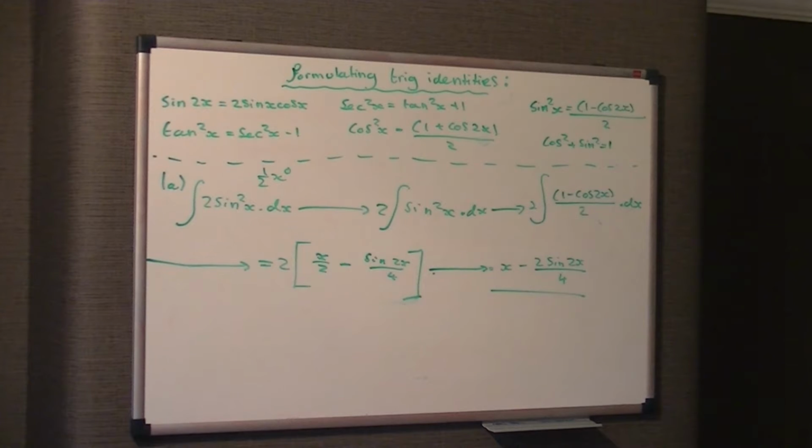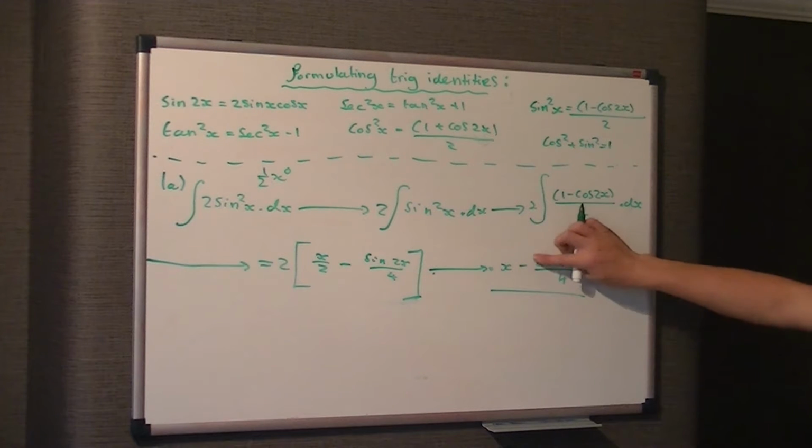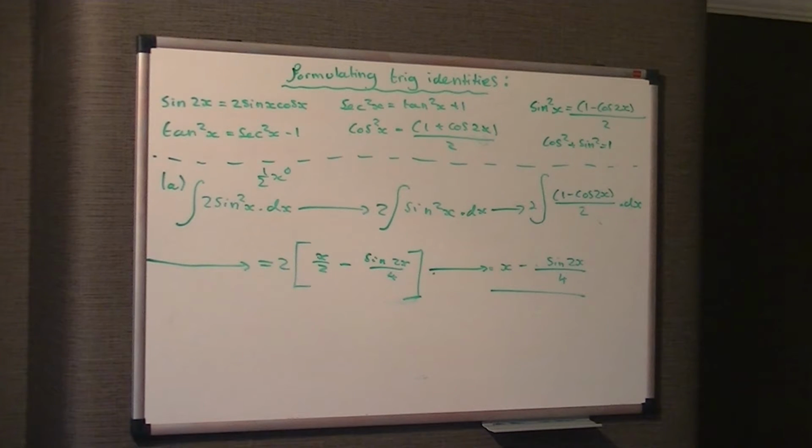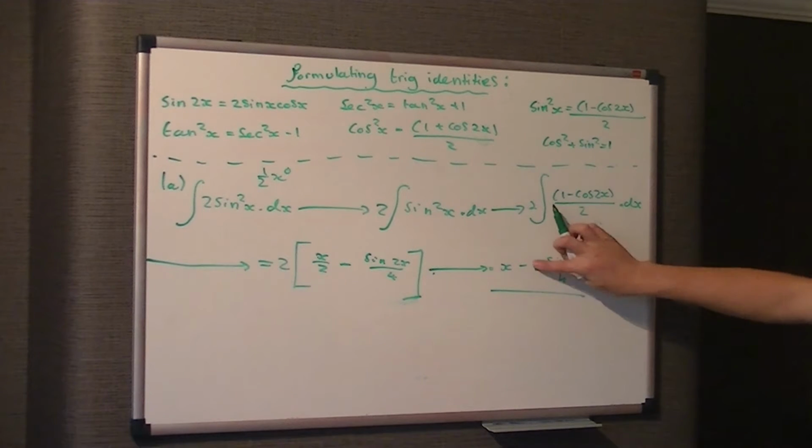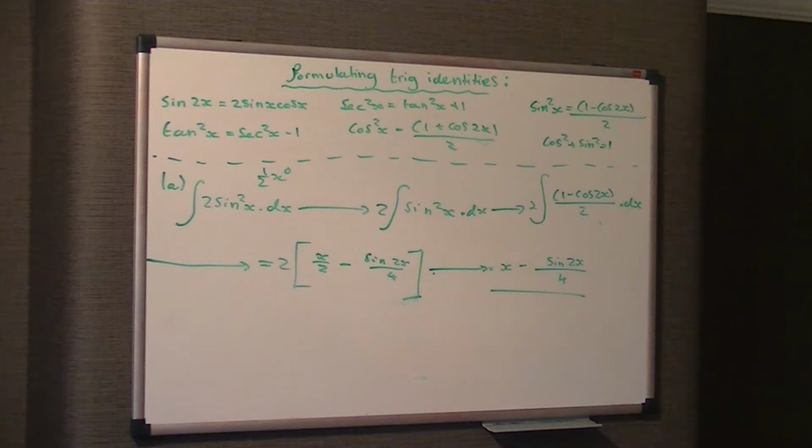Is that correct? Sorry, I don't know if I put 2 there. So just make sure that's right. Integrate your cos 2x, that's your sine 2x over 2. Yeah, that's right. So it shouldn't have been 2 sine 2x, it should be just negative 2.